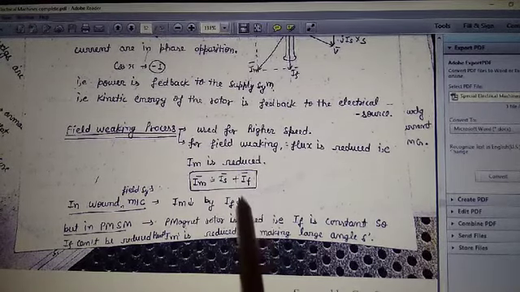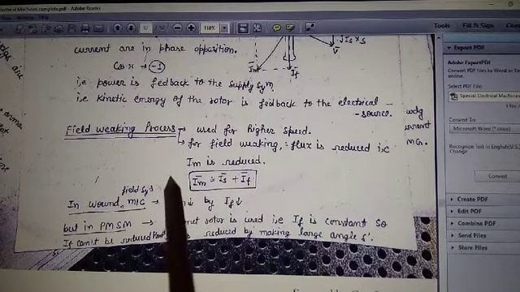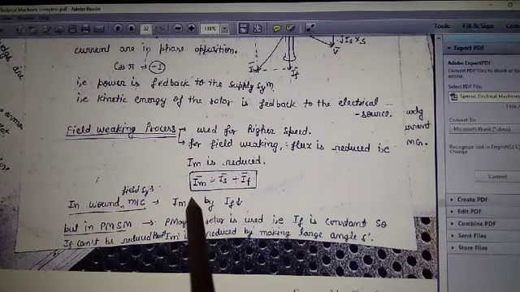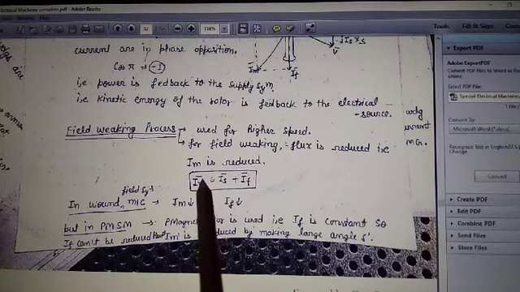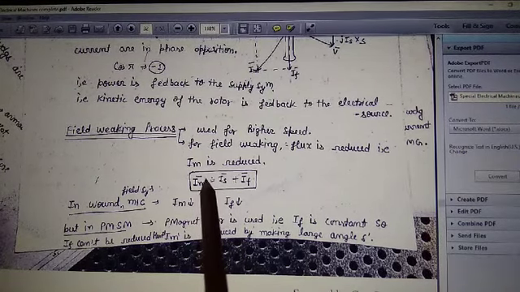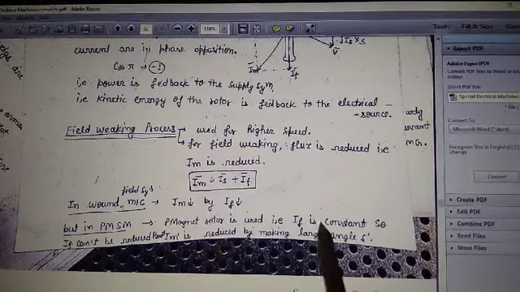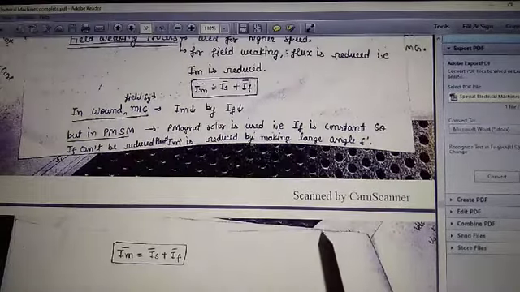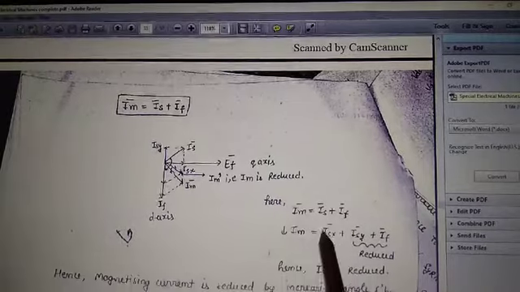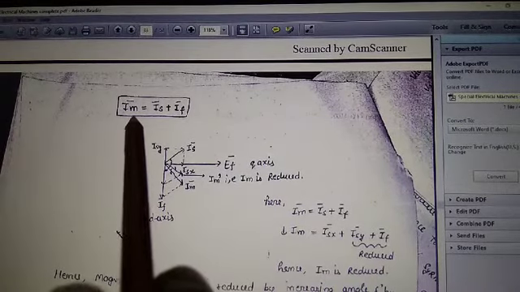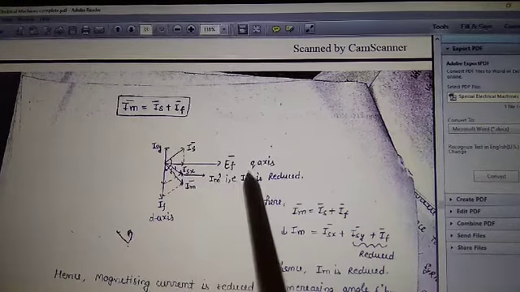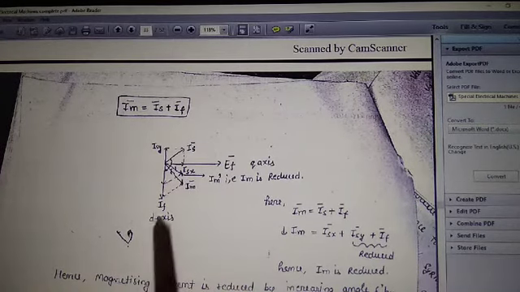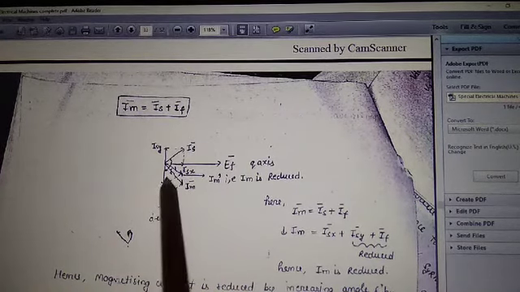So how can we apply the field weakening process here? We apply the field weakening process by Im, delta, delta prime. That is, we increase the angle delta prime. If we take the KCL equation Im equal to Is plus If, this is your phasor diagram, this is your d axis, this is the quadrature axis.